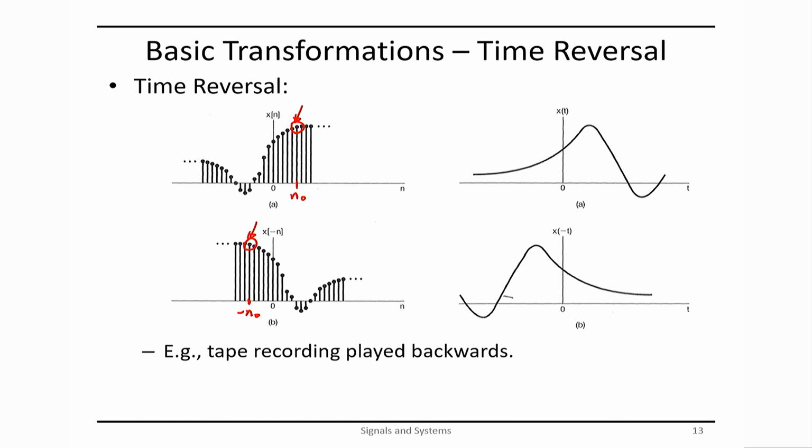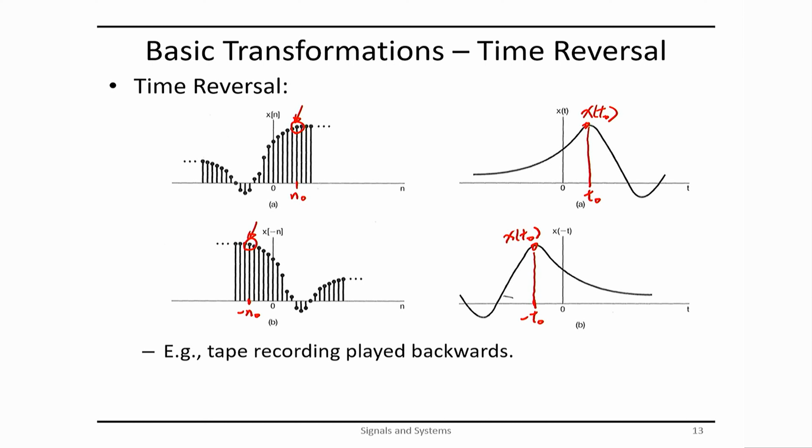So this is an example in continuous time. Similarly, if you are observing a value at some time t naught, so this is x of t naught, then after time reversal, this same value, x of t naught, is observed at the time minus t naught. So this is very simple.